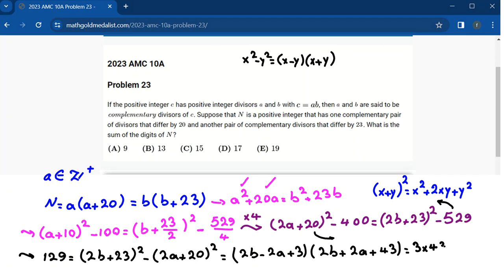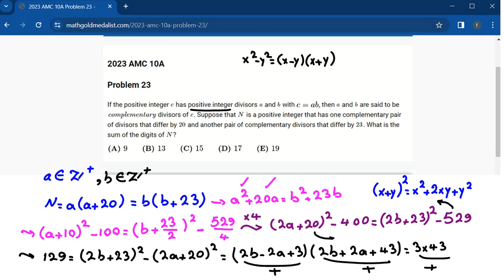Okay, 43 is prime. Now, if I want to consider cases, I know this one is positive. This one is also positive because a and b are positive integers by the definition of the problem. So this part is positive, this part is positive. We can conclude this part also has to be positive.